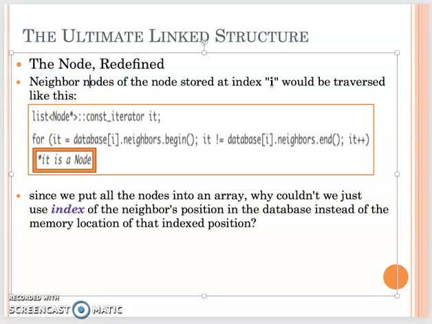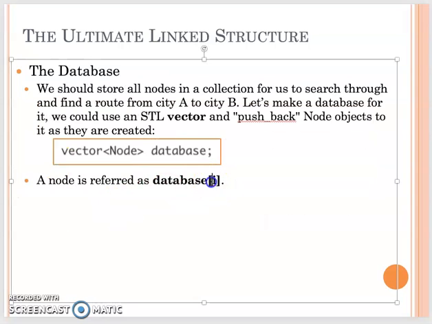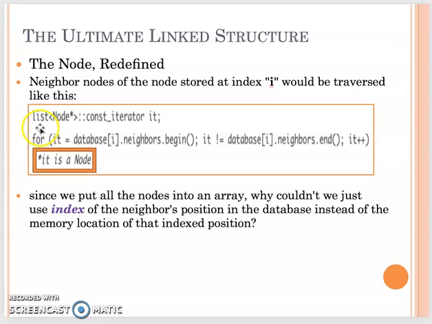However, now you see we have the database as a vector, so we can access by index, right? On the other hand, each node actually has an index to represent it.